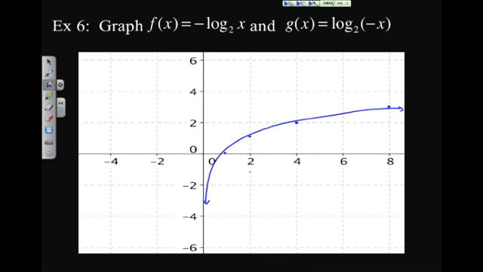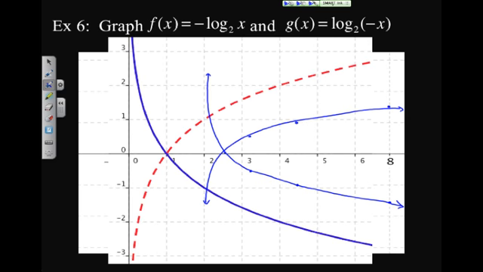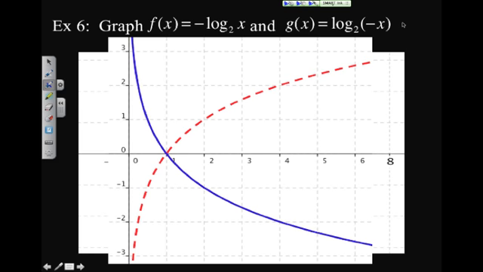So all these points are reflected over the x-axis. So our graph is now going to look like that. Okay? And again, you can see that a little bit nicer here. The red one is the original, the blue is the reflection.